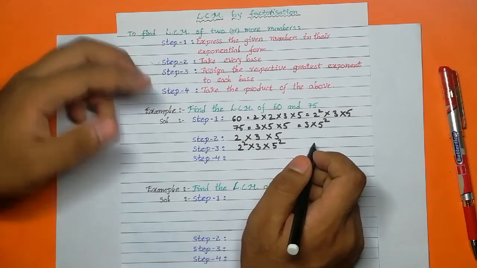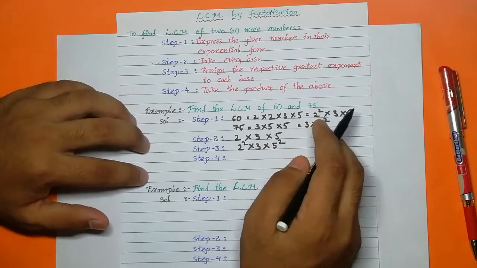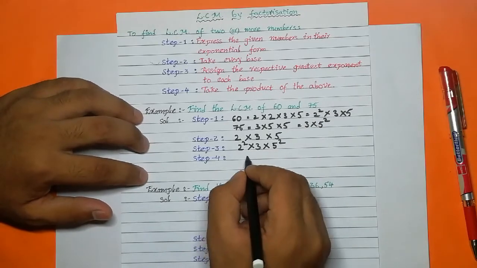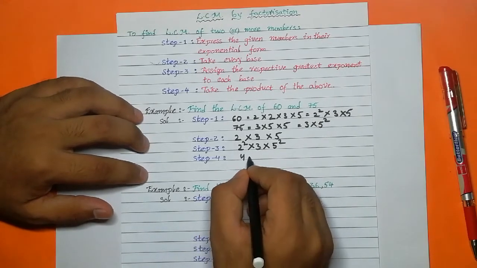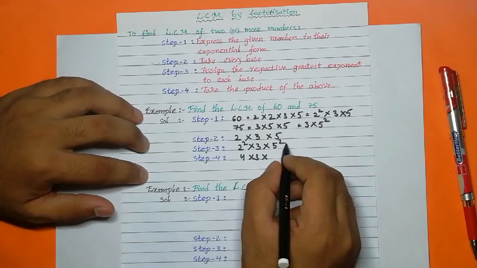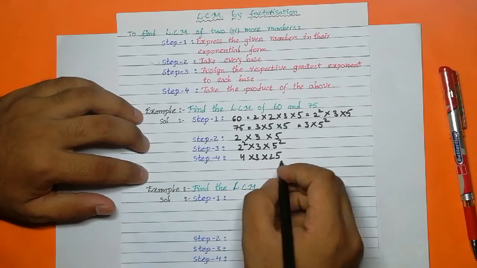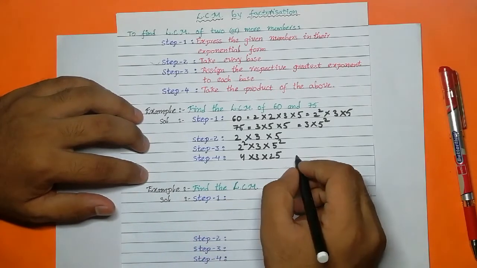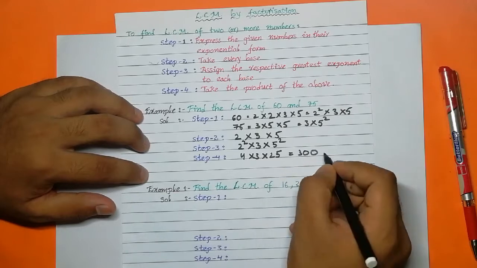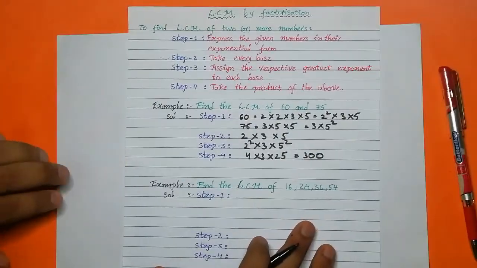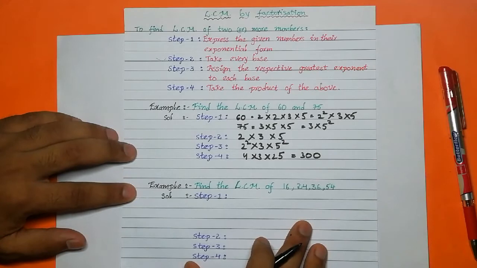Now we have to do the product of these numbers. 4 into 3 is equal to 12, and 12 into 25 is 300. Therefore LCM of 60 and 75 is 300.